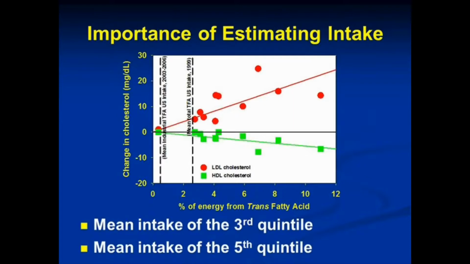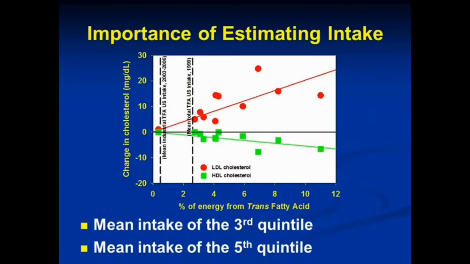So those are some potential benchmarks if we're going to be studying these things, what sorts of intervention levels we might want to consider. And maybe fifth quintile is a good benchmark, so that's going to cover most of the people in the population.